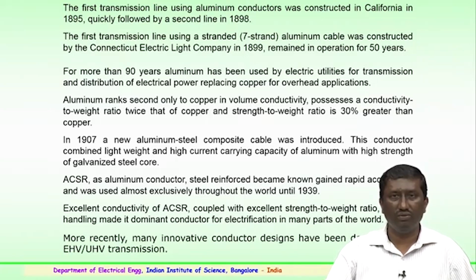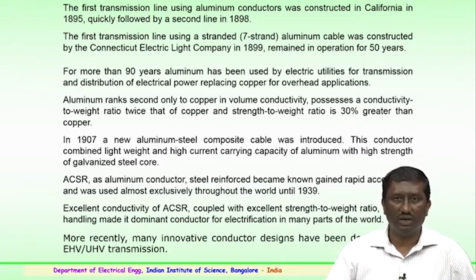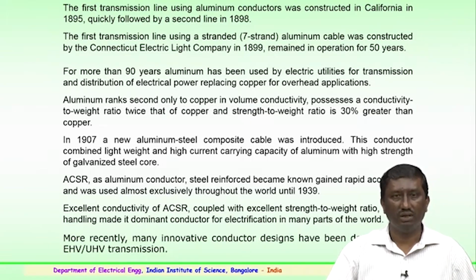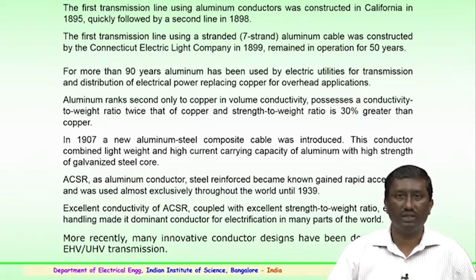It was quickly followed by a few more lines in the 1890s commissioned with aluminum conductors. The first transmission line using a 7 strand aluminum cable was used by the Connecticut Electric Light Company in 1899. This remained in operation for almost 50 years.